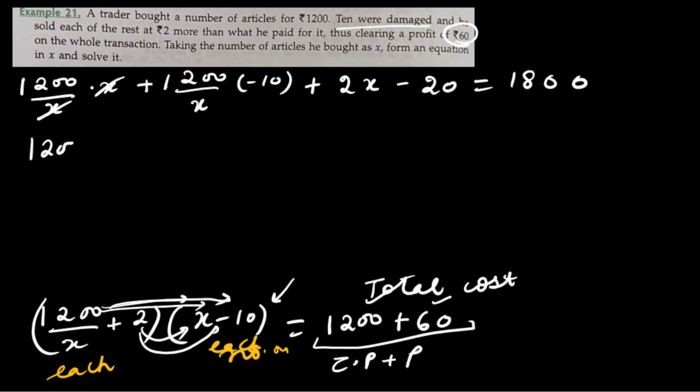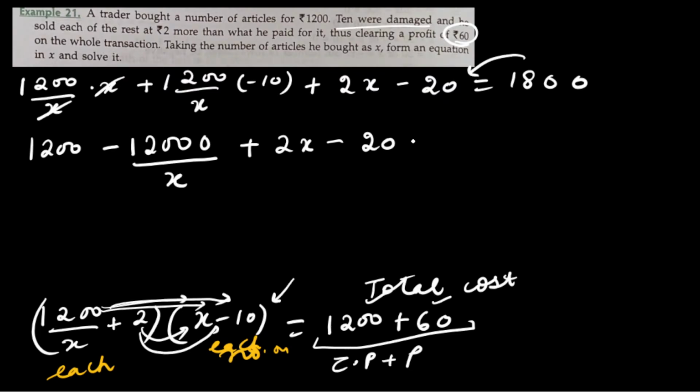So 1200 plus, here if you multiply it will become minus 12,000 by x plus 2x minus 20. Let's shift this 1800 also to this side. It will become minus 1800. On the other side nothing is there, it will be 0. Now like terms we can simplify.